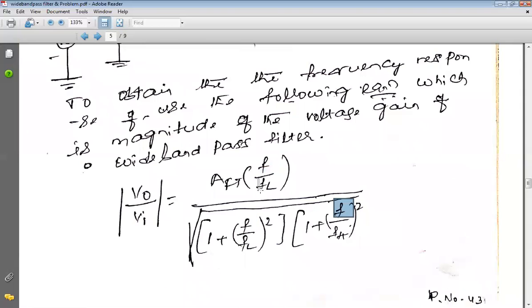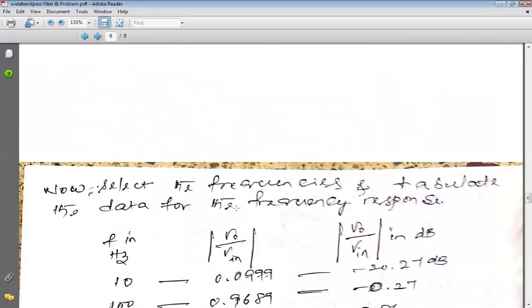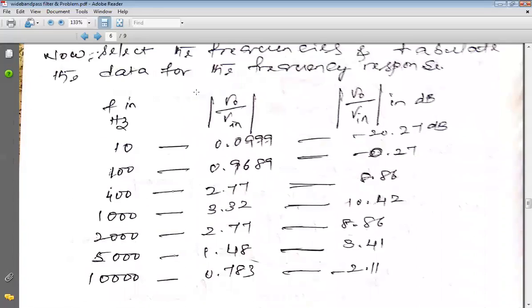Already we know the values of FL and FH: FL is 400 hertz and FH is 2 kilohertz. And AFT is how much? AFT is 4, not 2. By putting all the values, I am going to calculate the magnitude of the voltage gain of the wideband pass filter.